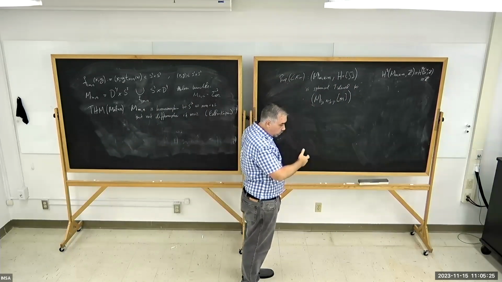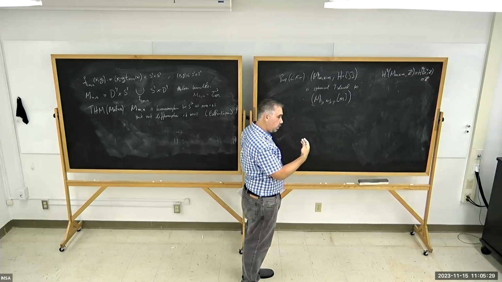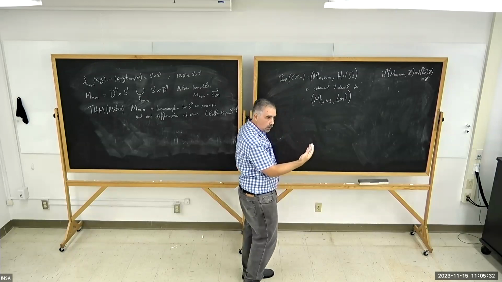In particular, we can produce one usual sphere, we can produce two, we can produce exotic spheres by duality.